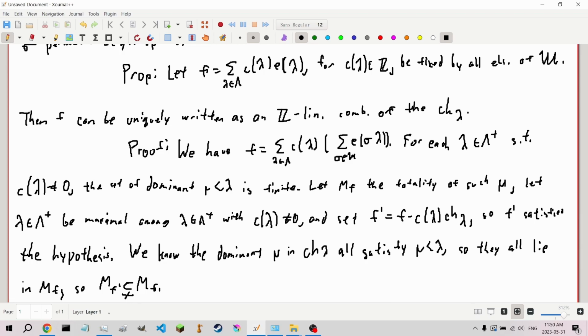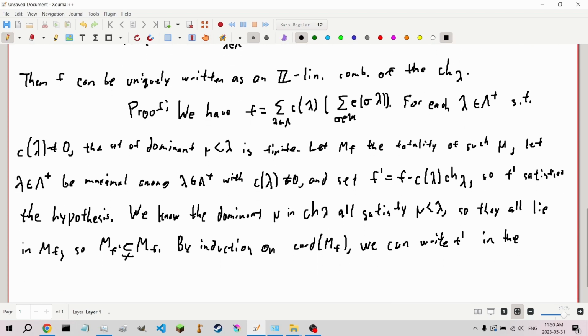So by induction on the cardinality of M of F, we can write our F prime in the desired form.